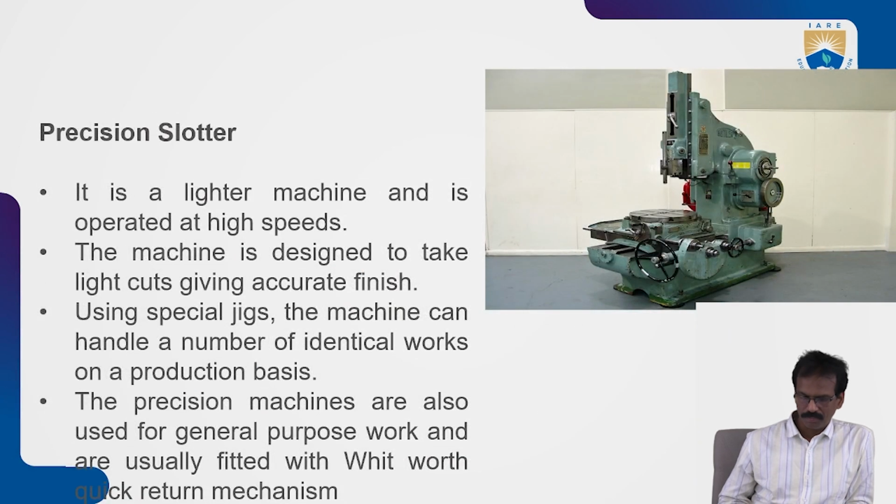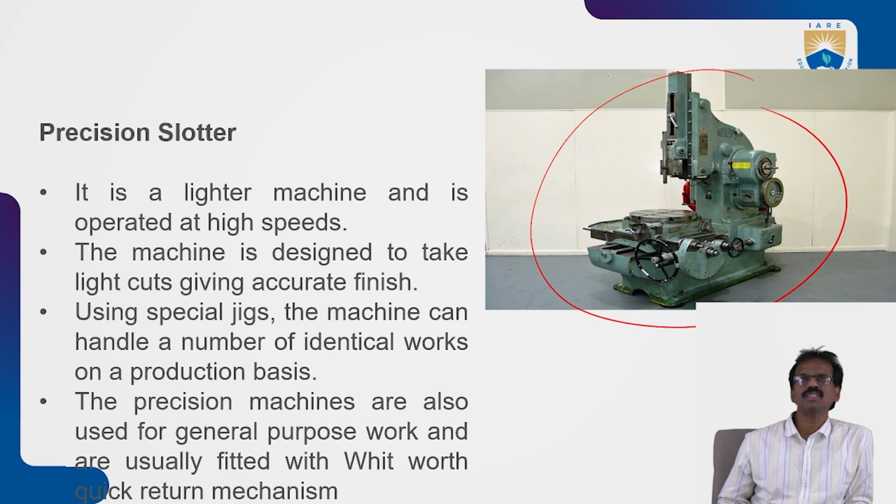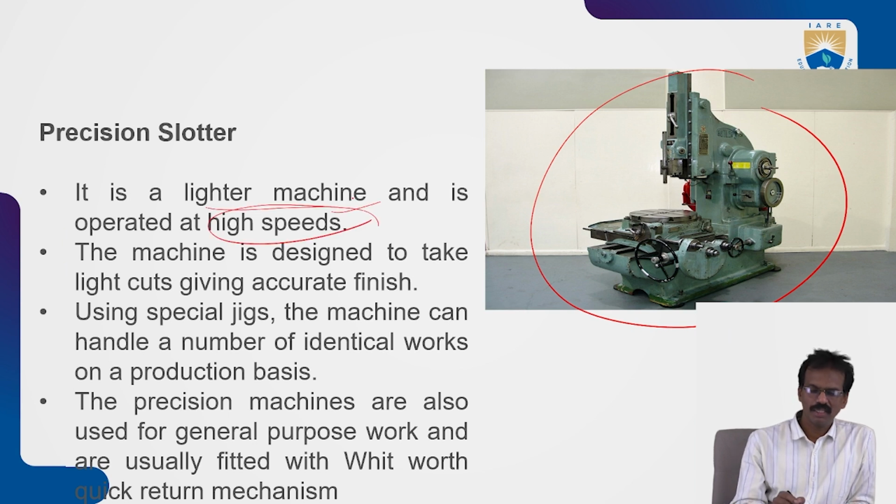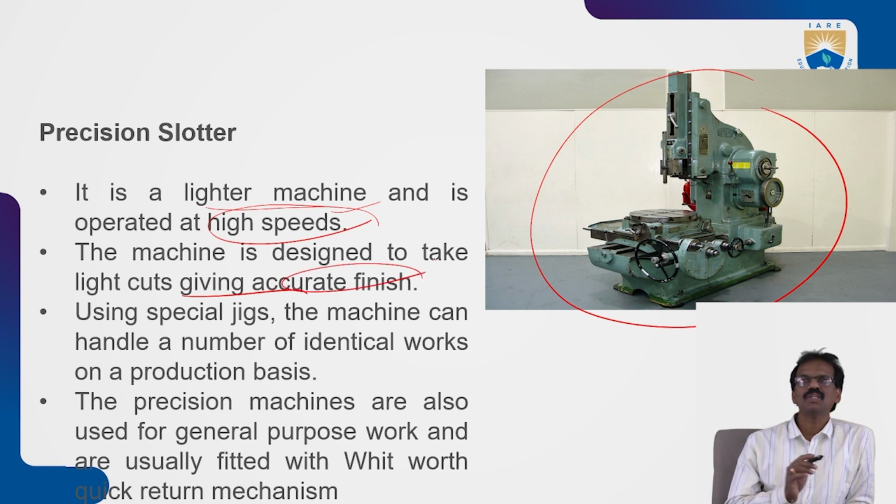So for this one, next the precision slotter. It is a very simple and very lightweight machine, but a very precise machine. It is a lighter machine and operated at high speeds. Okay, the machine is designed to take light cuts, giving accurate finish.